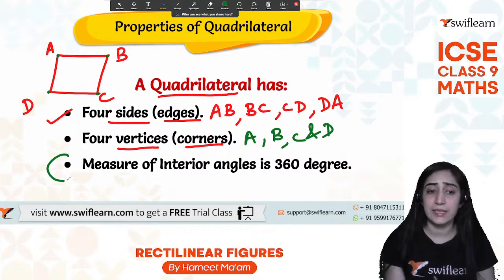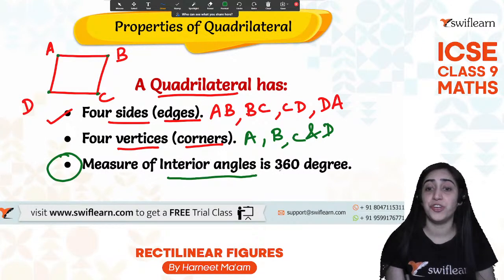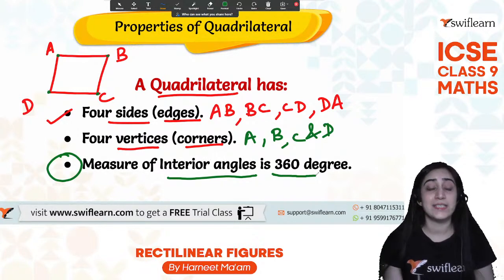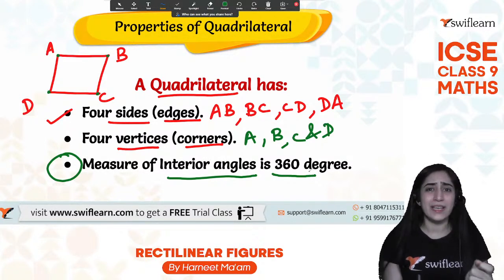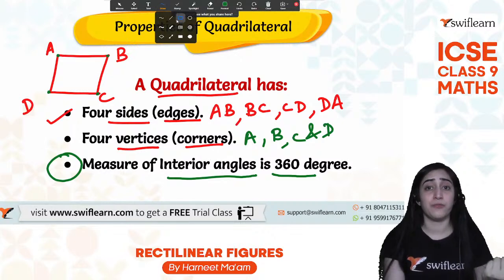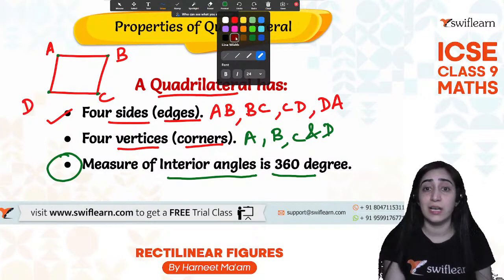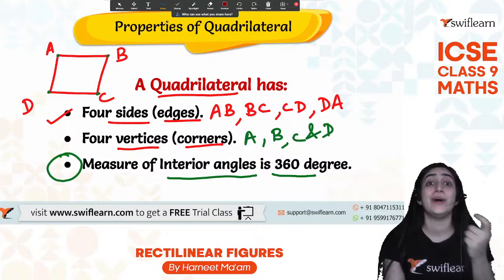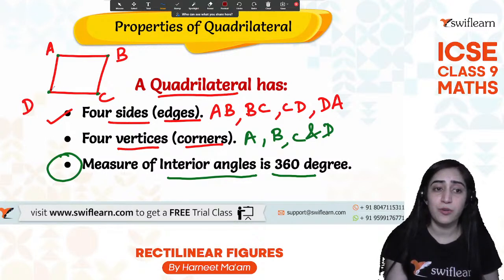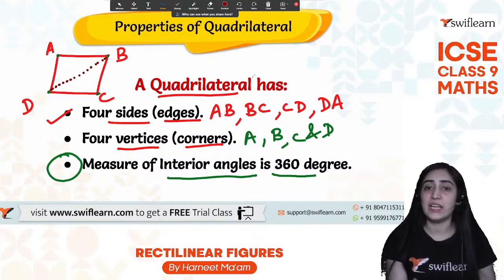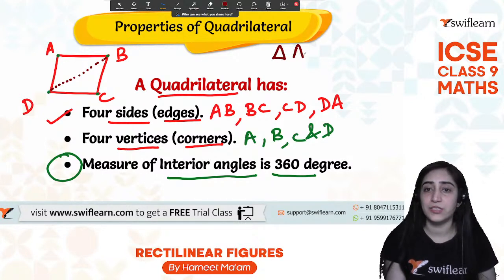Moving on to the third category that says the measure of the interior angles is 360 degrees. So why are we saying this? We have discussed it in session 1. If you haven't seen it, I'll just give you a glimpse of that. Otherwise, you can go and see why it is 360 degrees. So let me draw a line here. What is happening now? It's becoming a triangle. It is divided into two triangles, triangle ABD and triangle BCD.